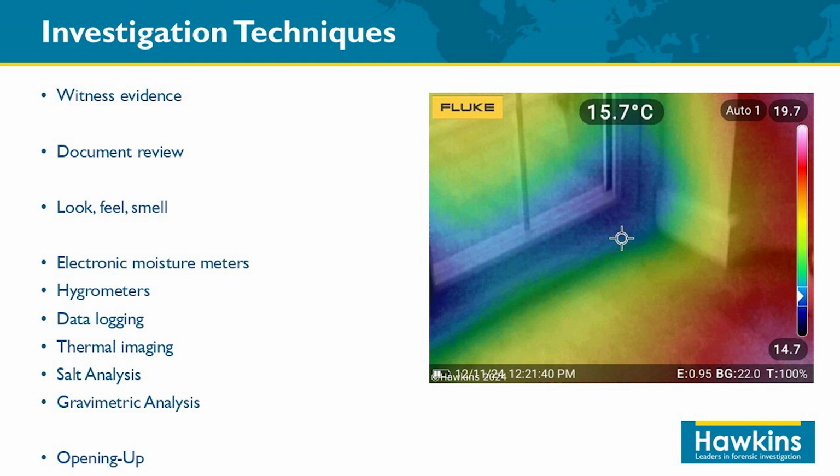It will only tell you the top 20 mil of the floor. This might be dry, but later on, more moisture will come up through the floor, and it won't actually be dry. But this is the sort of British standard way of telling if the floor is damp or not.